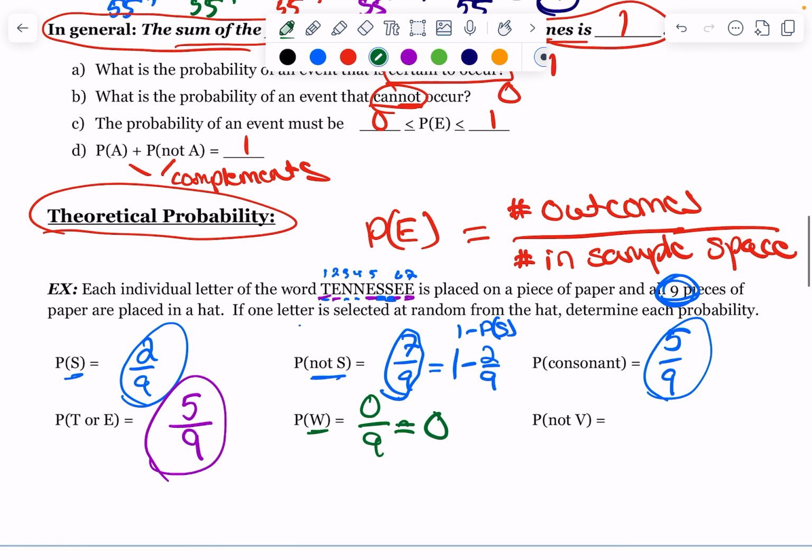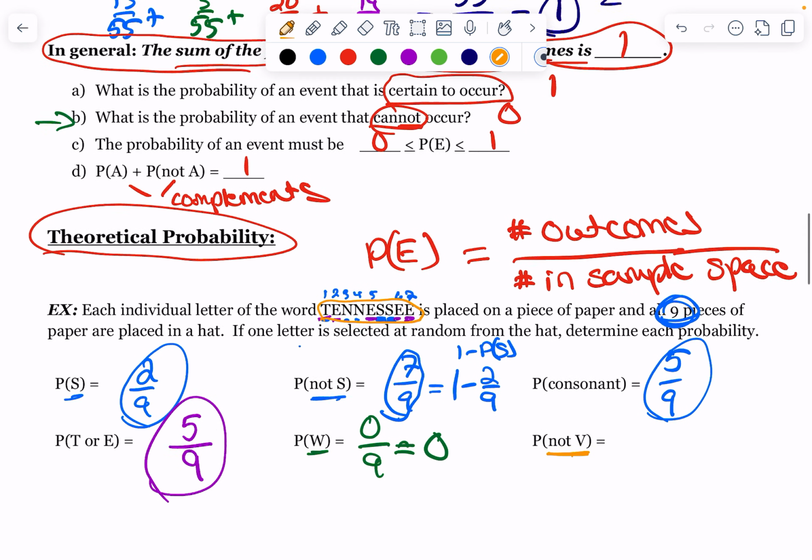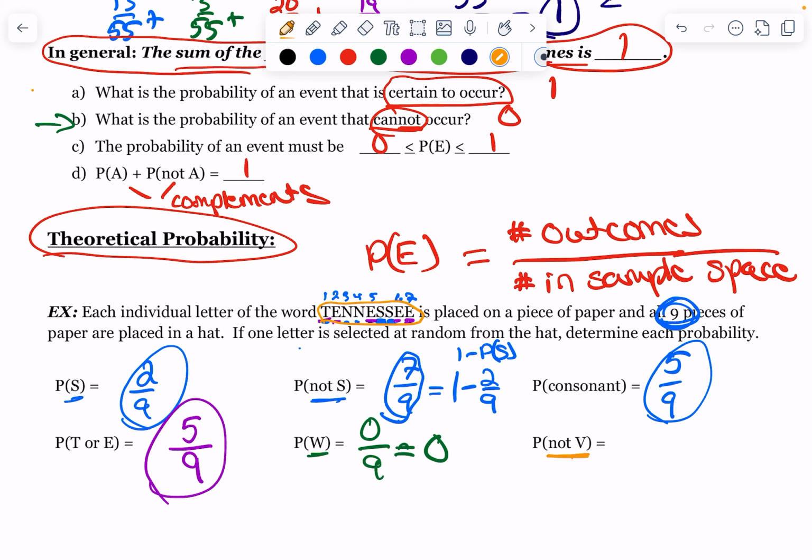This is the probability of an event that cannot occur. Next, we have the probability of not V. Well, do we have any V's in the word Tennessee? No, we don't. So for sure, the letter that we're going to pick is not going to be a V. So this one would be a 1.